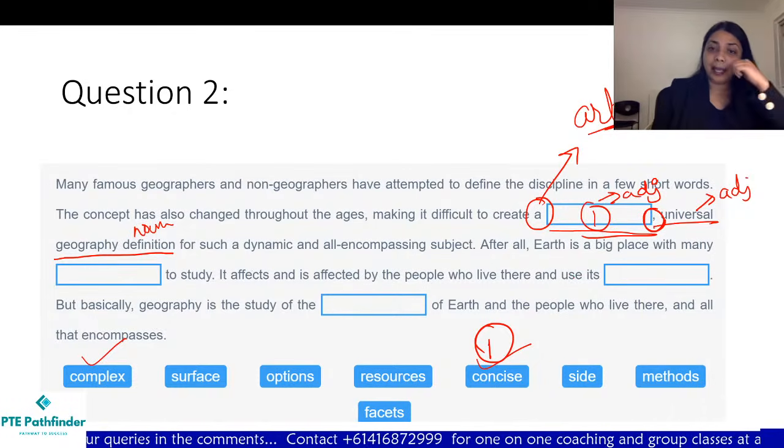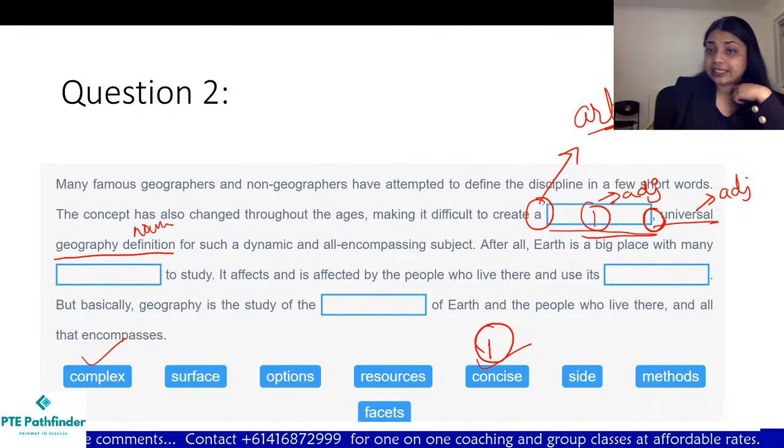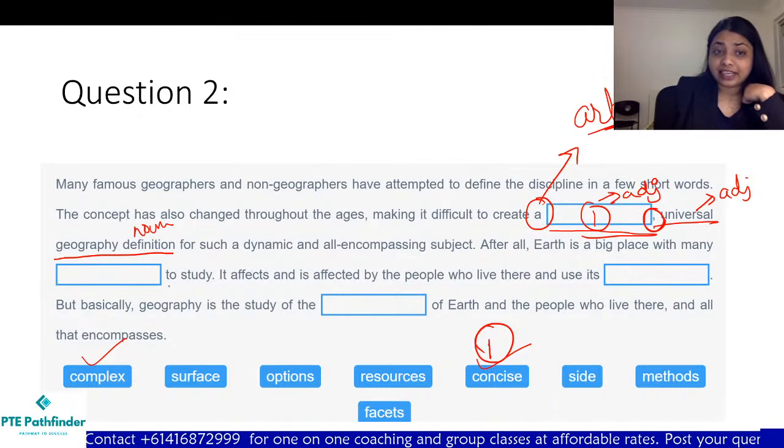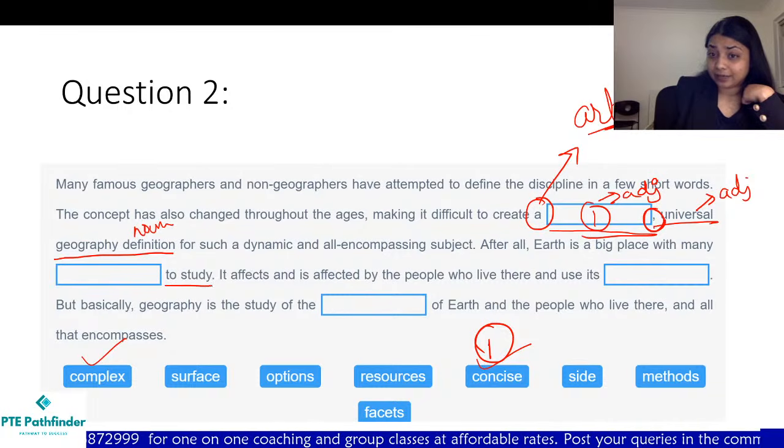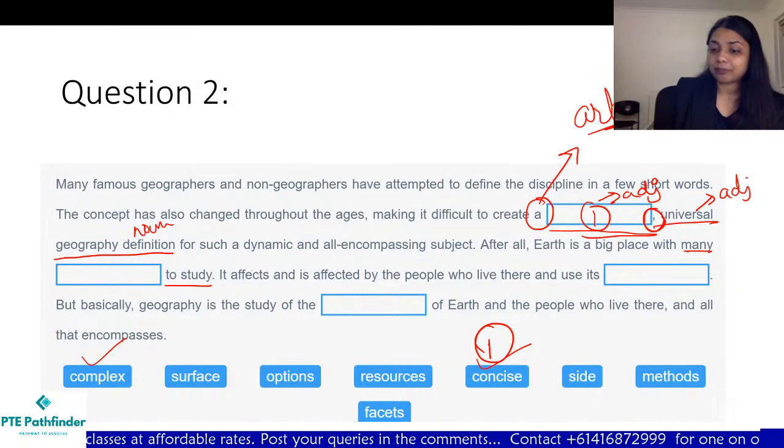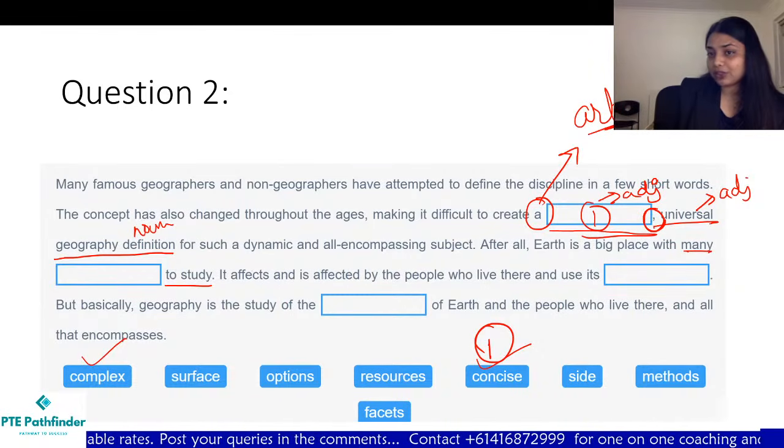It says, after all, Earth is a big place with many dash to study. So after all, Earth is a big place with many dash to study. Now do you remember the 10th rule that we talked about?